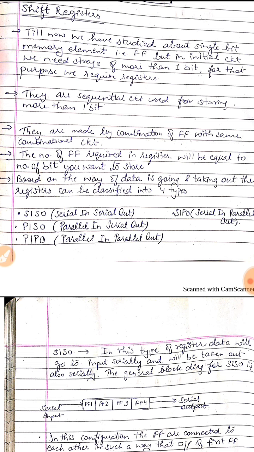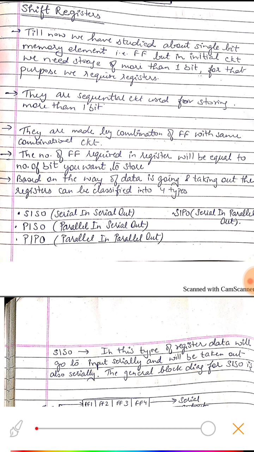So till now we have already studied about combinational logics and about flip-flops as well. In the last lecture we learned about the flip-flops. Flip-flops are basically used to store one bit of information. That is, it can either store 0 or it can store 1.